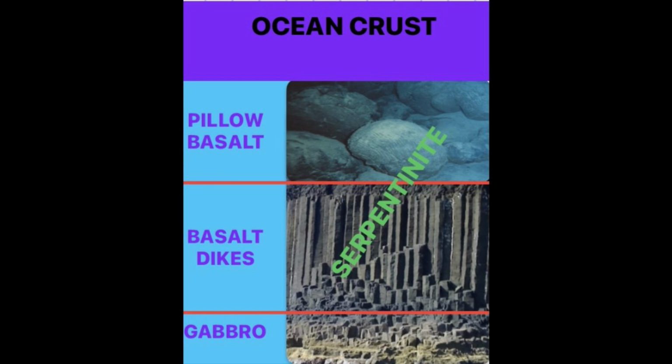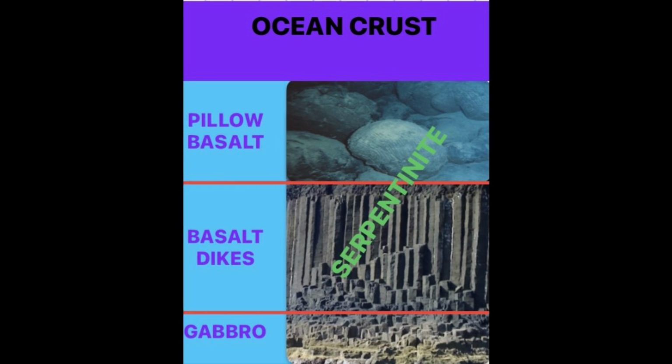These basalt dikes cool pretty fast, but not so fast that they don't spew out blobs of lava onto the ocean floor. These rounded blobs of lava are called pillow basalt. As these underwater volcanoes are erupting, a huge amount of ocean water goes down into them because of the tremendous pressure of the water above.